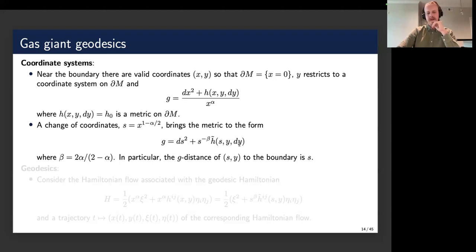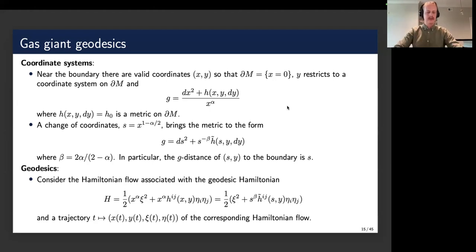In this case, you will end up in this form, which is basically boundary normal coordinates, other than that this second factor here is a little bit singular. So you have s to power minus beta, where beta can be computed from alpha in this way. And this is clearly not available, for example, on asymptotic hyperbolic manifolds, since if you put 2 here, then this coordinate change is not a very good one. All right, so there are basically two ways of looking at boundary geometry on a gas giant.